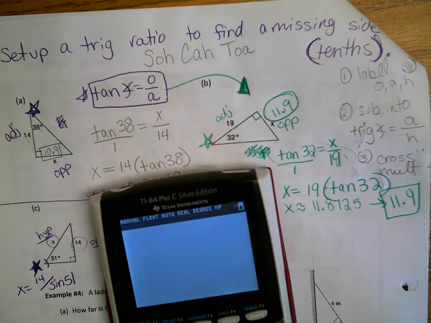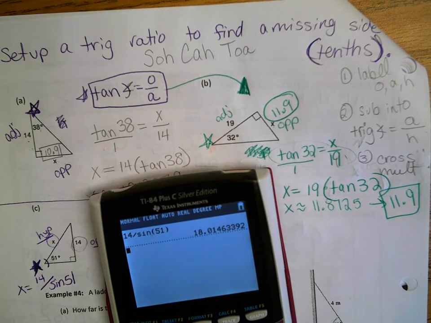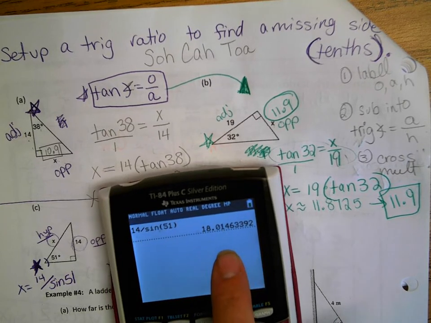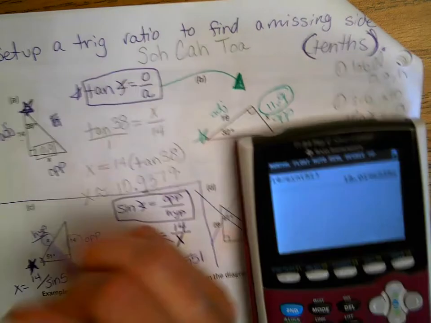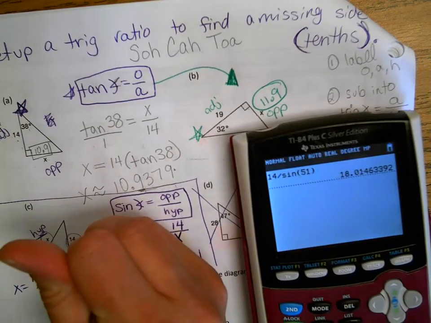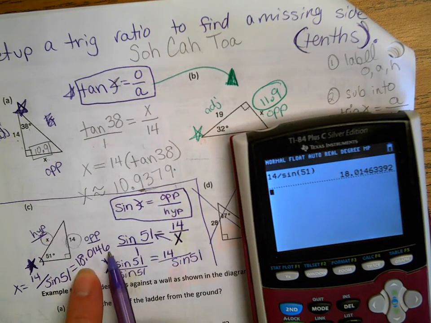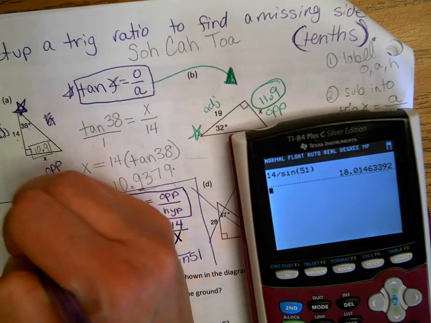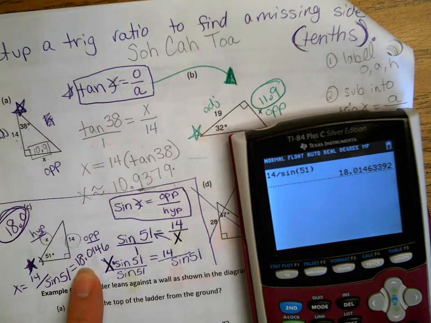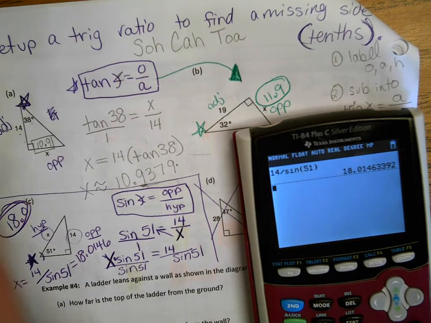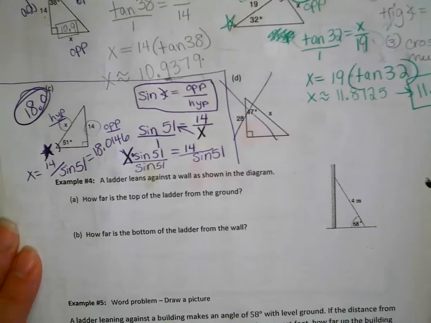So into our calculator, 14 divided by sin 51 equals 18.0146. Now, that measurement is going to be 18.0 rounded to your 10th place. That's the length of that hypotenuse.